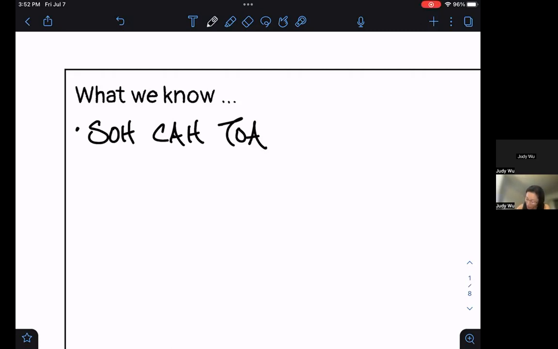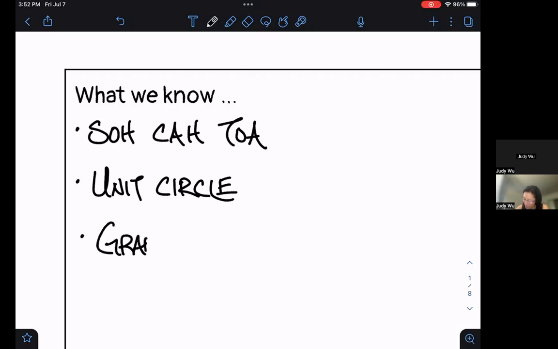And we also know that there is this beautiful, lovely thing called the unit circle. And we also know that there are graphs of sine and cosine, but really of the other trig functions as well. So graphs of trig functions, okay?